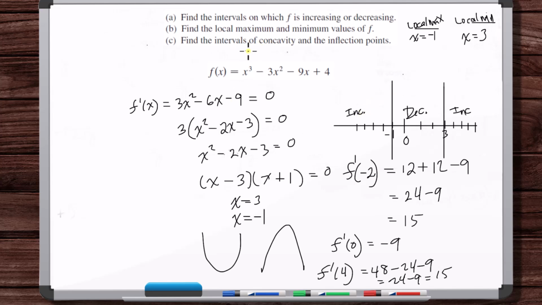All right, the intervals of concavity and the inflection points. Same process for the intervals of concavity. We need to find the second derivative. All right, so 6x minus 6. And then in a similar way, you would see where the second derivative does not exist and where it is equal to 0.